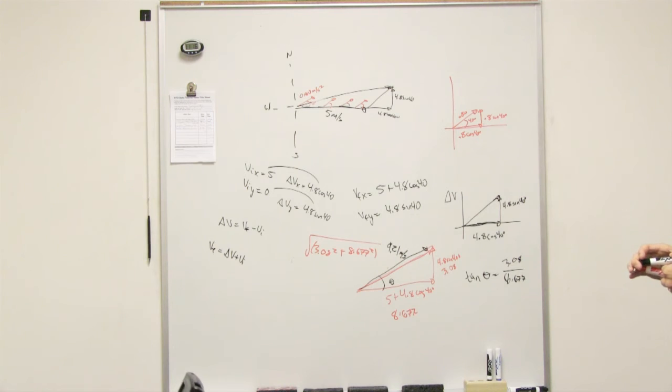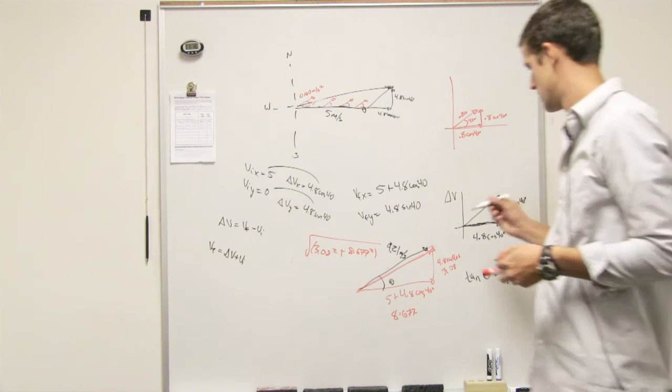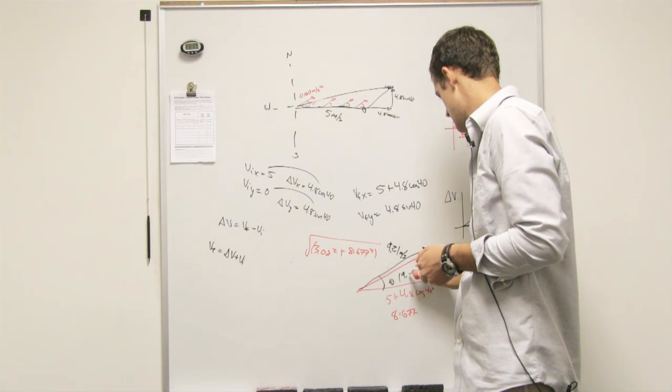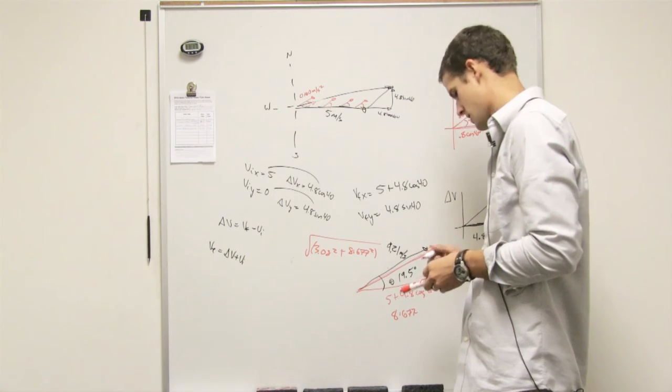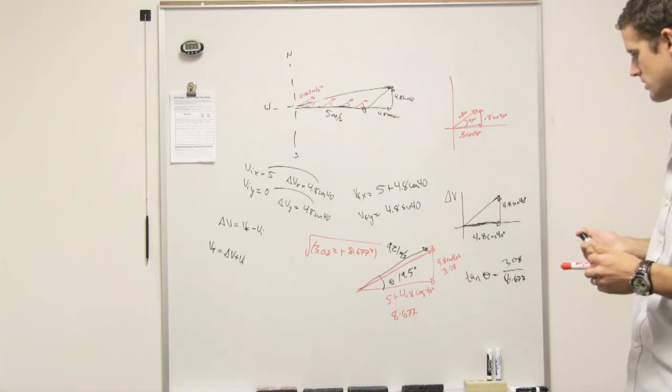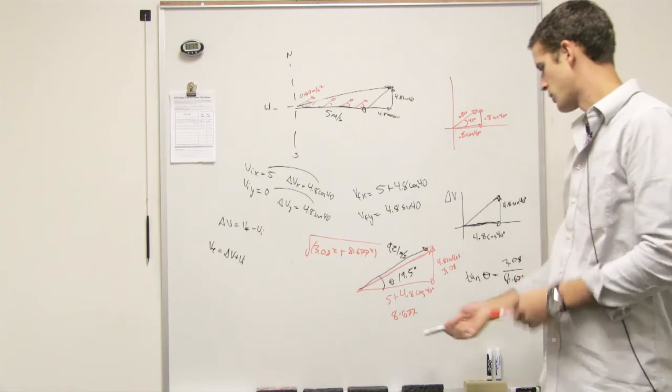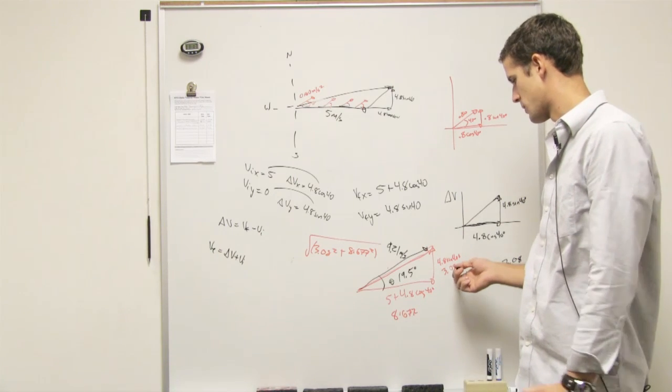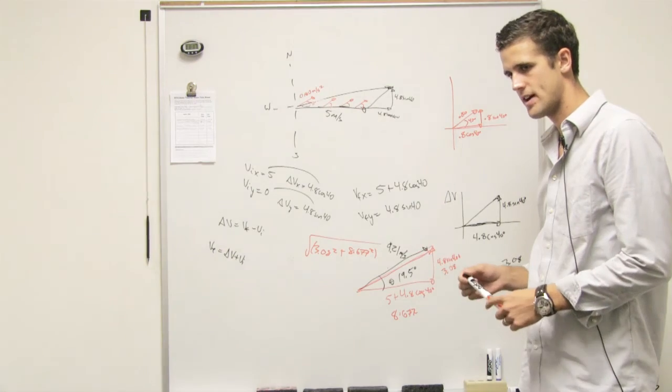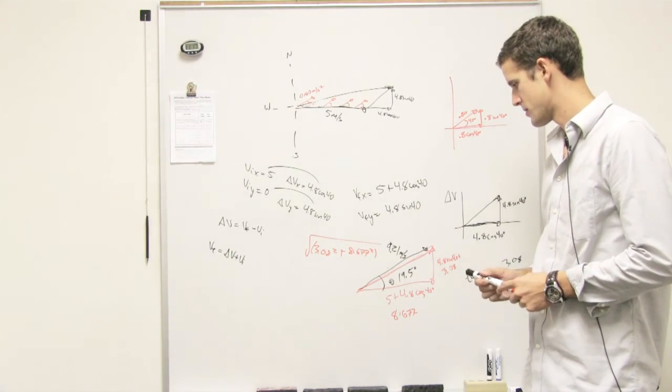So it's about 19.543 degrees, so like 20 degrees. Yeah, that makes sense. You have 8.67 over here and 3.08, so you know it's going to be less than 45. Probably about half that.